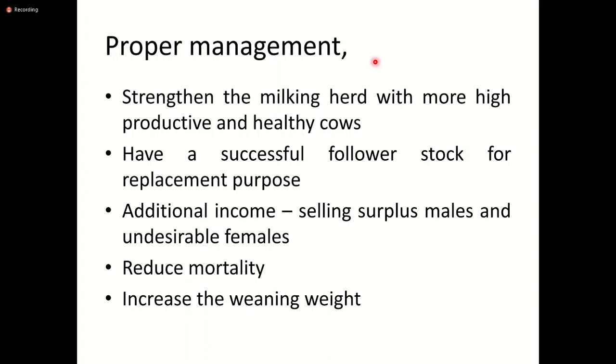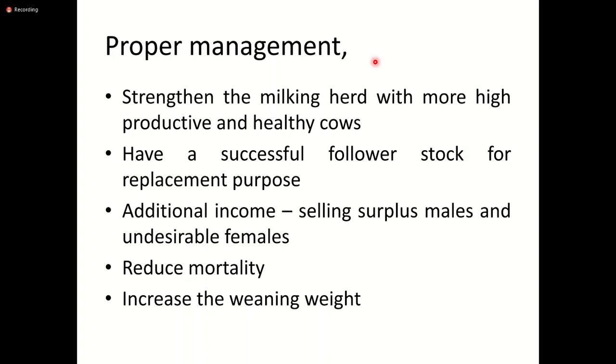If we maintain very healthy calves within the farm or herd, we should be able to reduce the mortality rate because there are fewer diseases and fewer issues, so we can very easily manage them. That is a very good benefit for farm management.